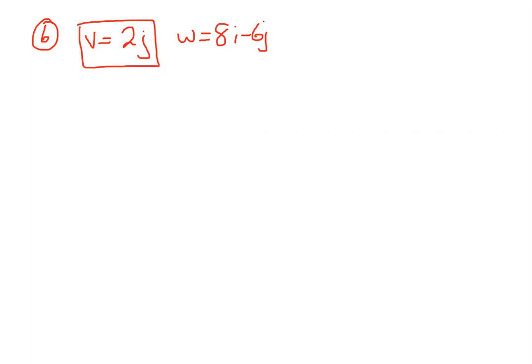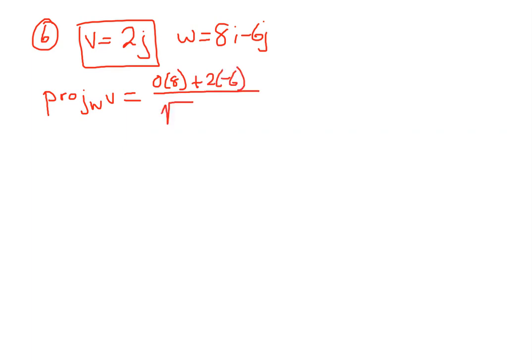Okay, let's look at number 6. We've got 2 more. V is 2J and W is 8I minus 6J. So we're going to rewrite this as the sum of two orthogonal vectors. We're going to start with the projection. We're going to find the dot product. So that's going to be 0 times 8, because there's no I here, plus 2 times -6.